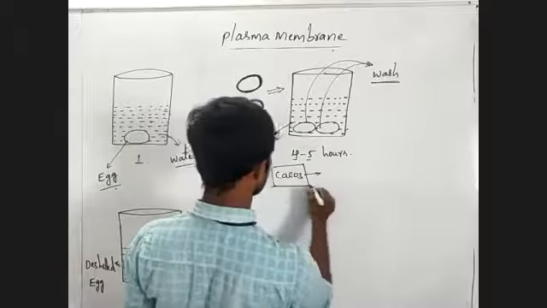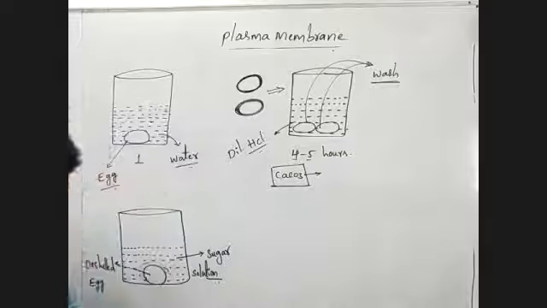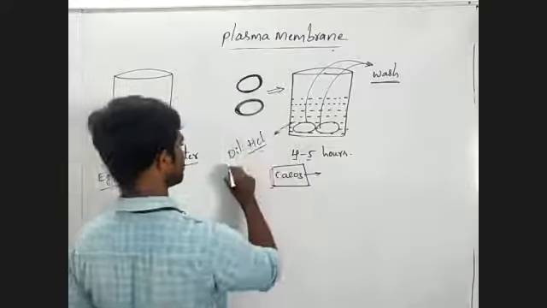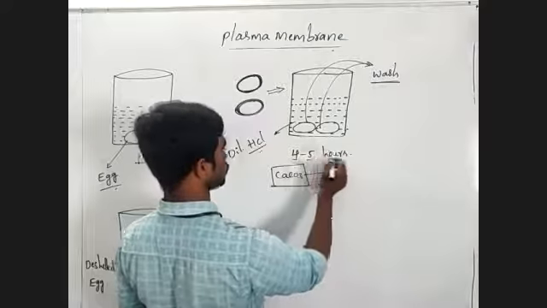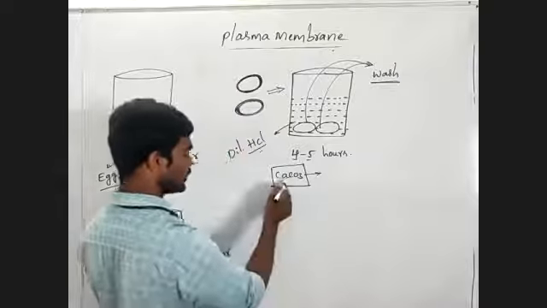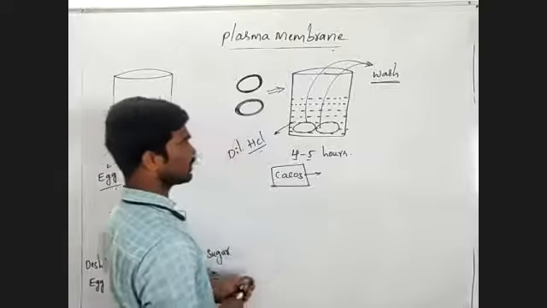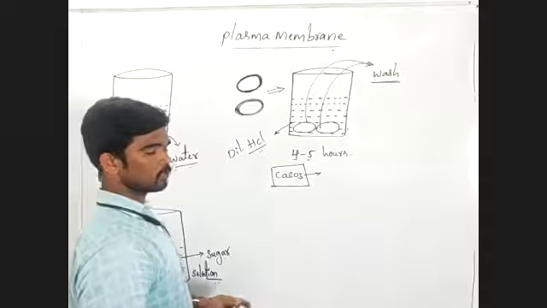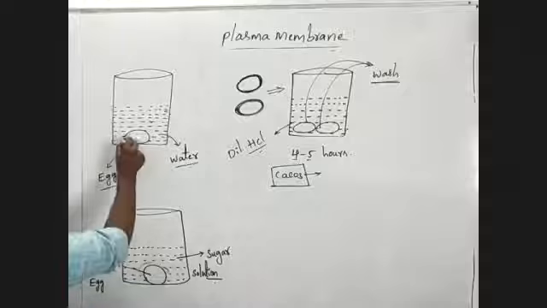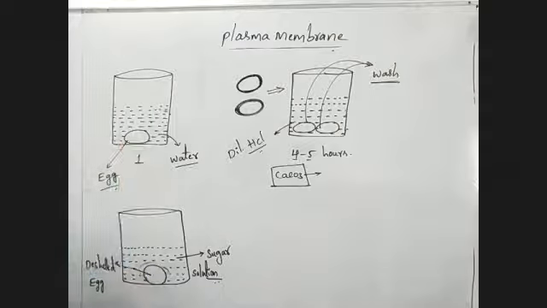It is made up of calcium carbonate. When we place the egg in dilute HCl for 4 to 5 hours, calcium carbonate is dissociated and that shell is removed from the egg. Okay, then we have to keep one egg here, one egg here.